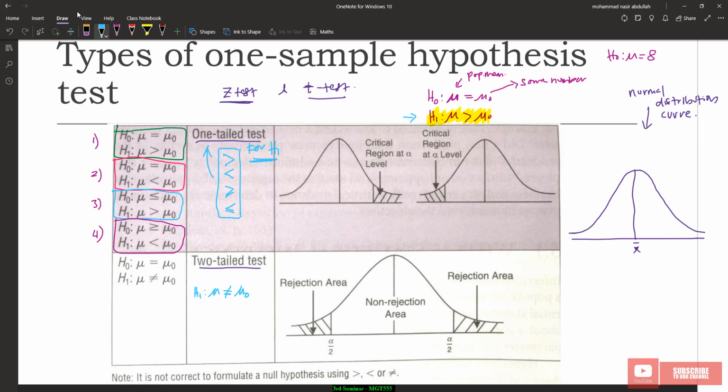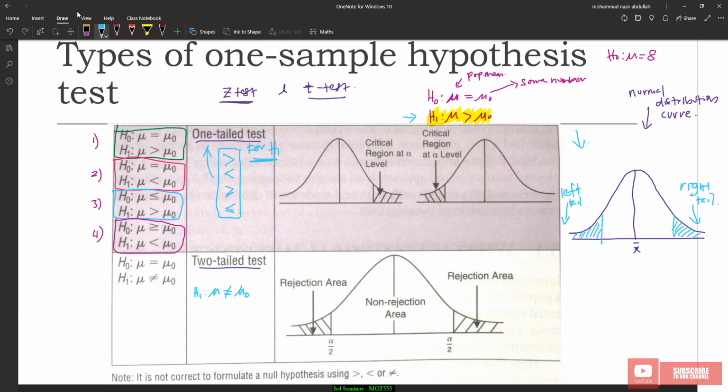Right. So one-tail test dalam normal distribution, so tengok kat sini pula, dekat graph yang lukis ni, kalau normal distribution, kita nampak dia ada dua tail. This is a left tail. This is right tail. Ni ekor ke kanan, ekor ke kiri. Right? So this is the critical region.